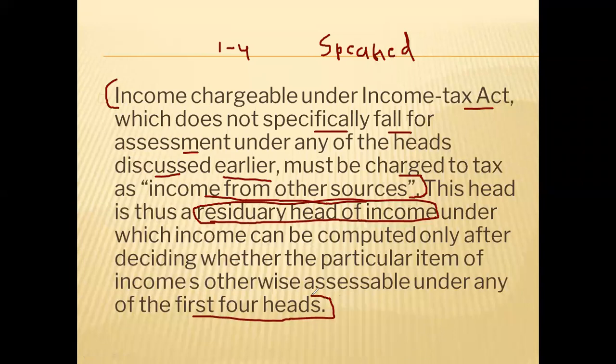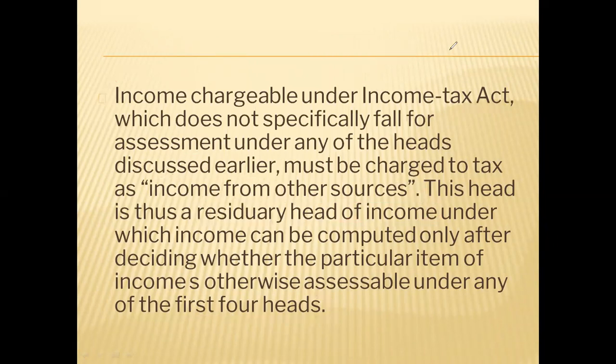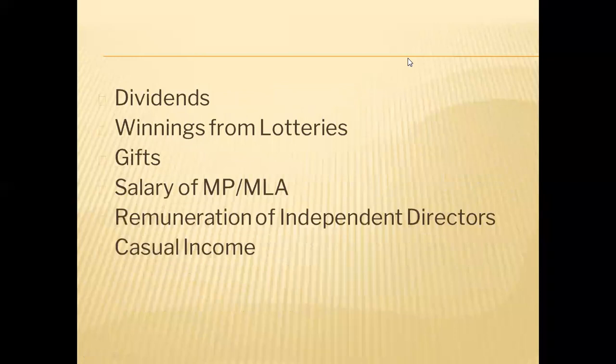So first you should always check whether that income will be classified under the first four heads. If it is not, and it is not exempt also, then you will put it under income from other sources. Clear, everybody? Any confusion?